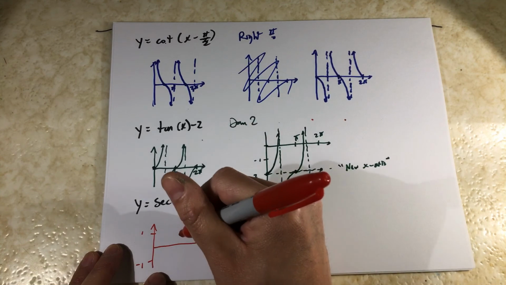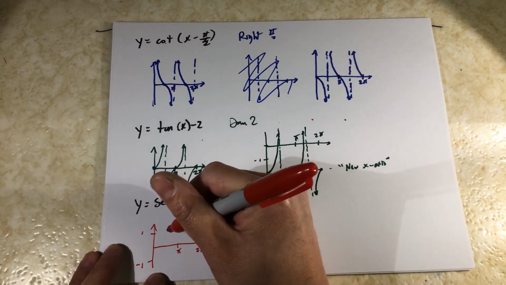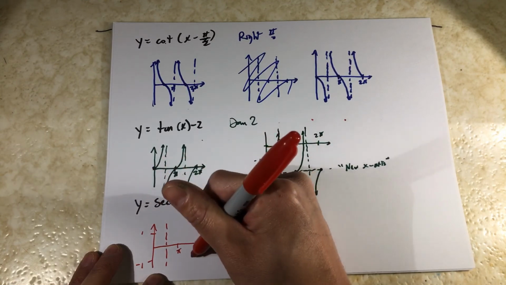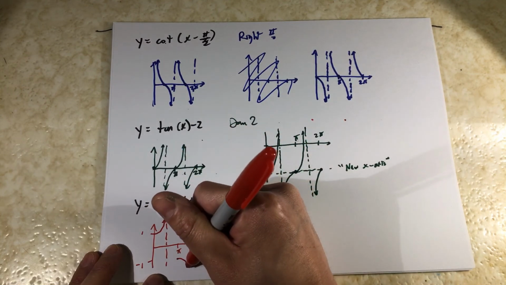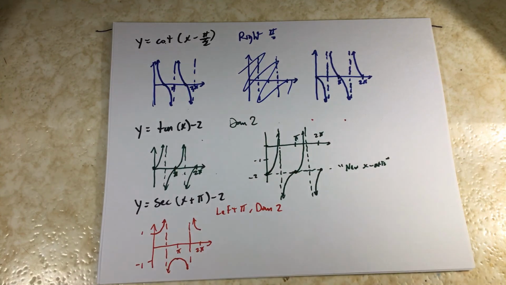Secant is 1 over cosine. I know cosine looks like a cup, so I visualize it kind of kissing the cosine function and then doing this happy, sad pattern. So there's my secant function.